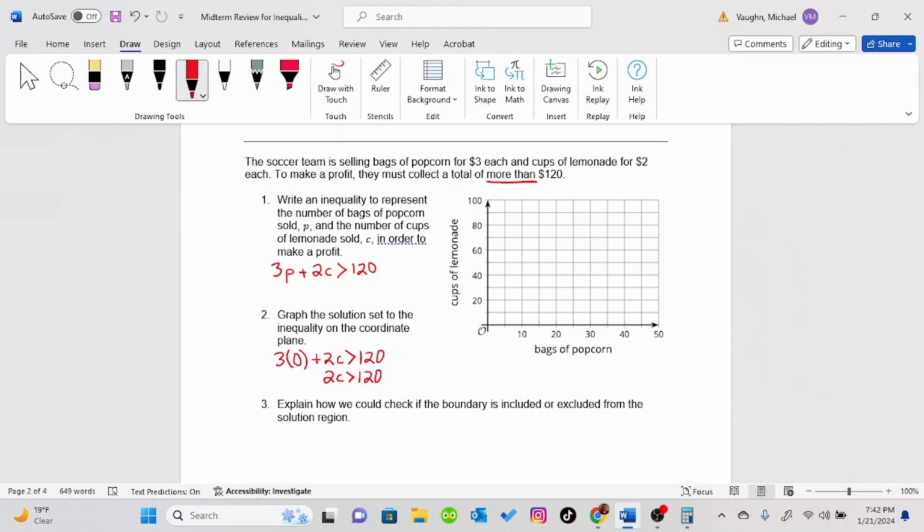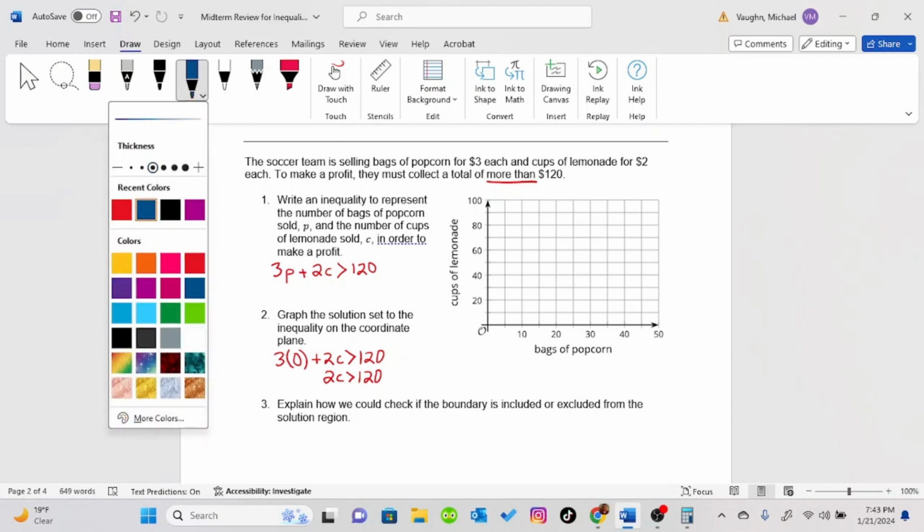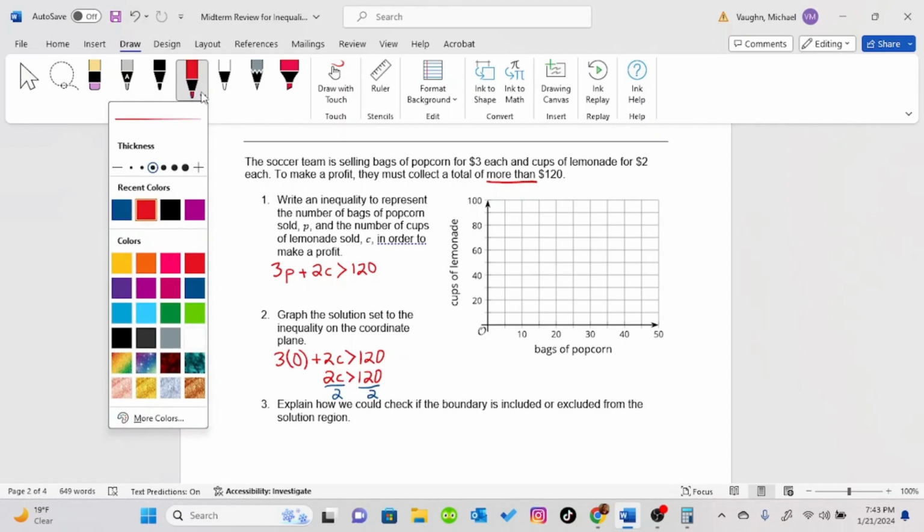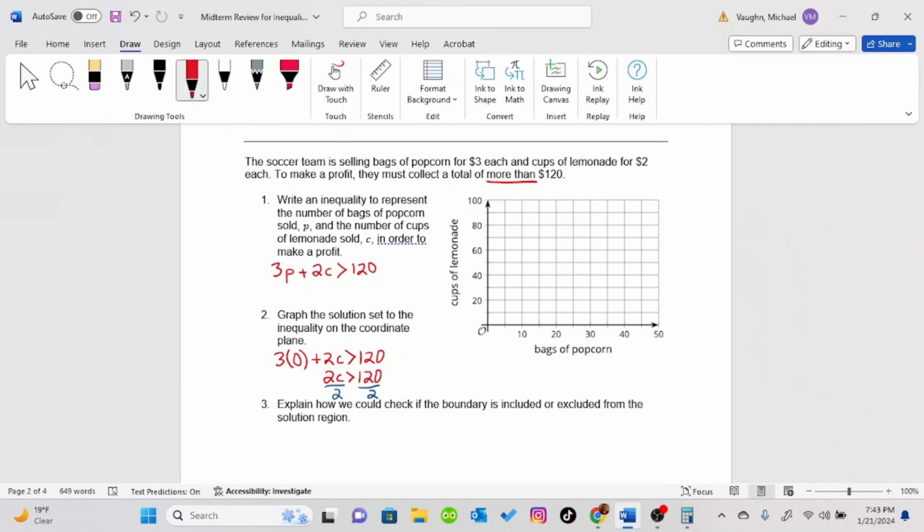Two C is multiplication. So the opposite is division. And I must divide both sides by 2. And I find out that cups of lemonade must be greater than 60. So I can put my y-intercept at 60 on the y-axis.